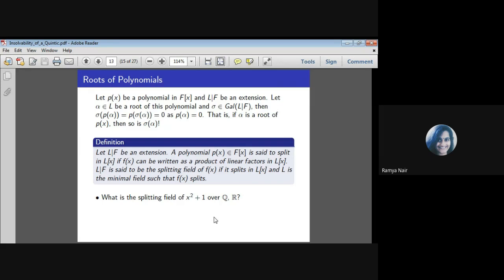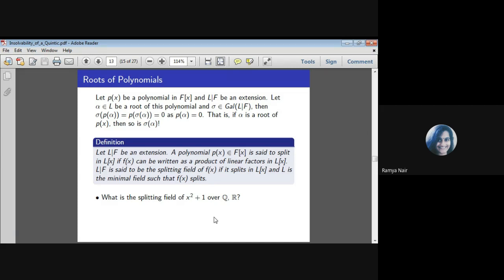Since alpha is a root of this polynomial, P of alpha is going to be 0. So what happens to sigma of P of alpha? You know that the coefficients of this polynomial are rational numbers, and this automorphism belongs to the Galois group of L over F, which fixes Q. So it fixes all the coefficients. Then sigma of P of alpha becomes P of sigma alpha. Since P of alpha is 0, sigma of P of alpha is also 0.